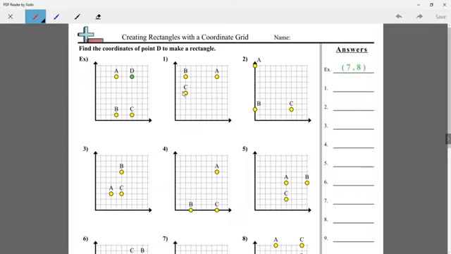And obviously to make a rectangle, it would have to be in line with C and in line with A. So it would be at this point. Now, unfortunately, they have not labeled these, which is pretty annoying. But this is 10, 0, right?